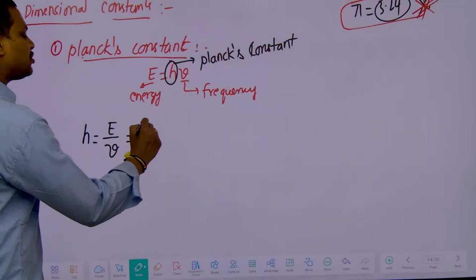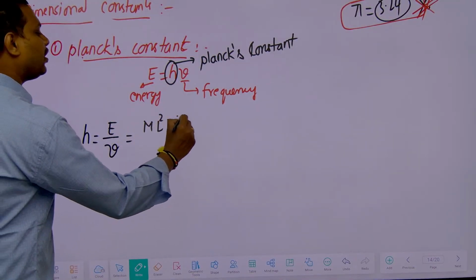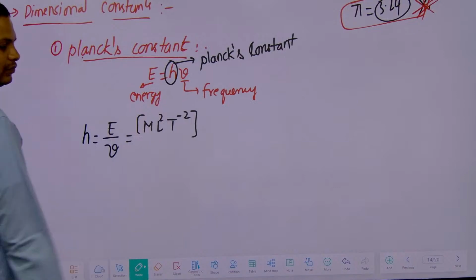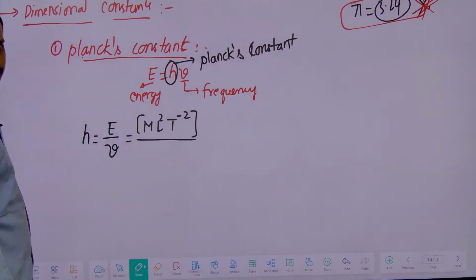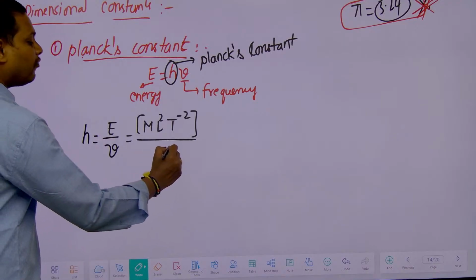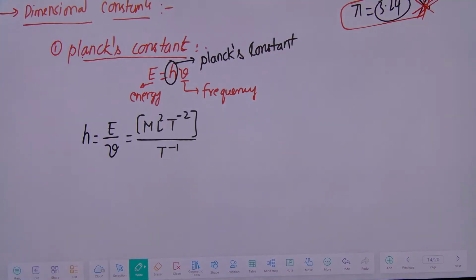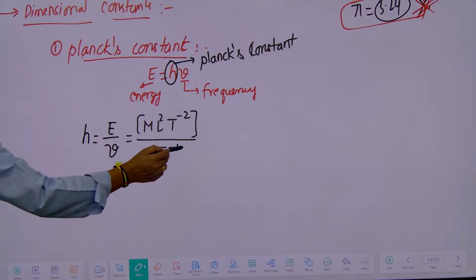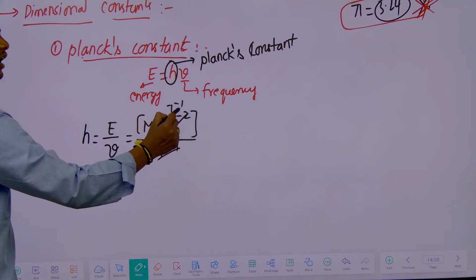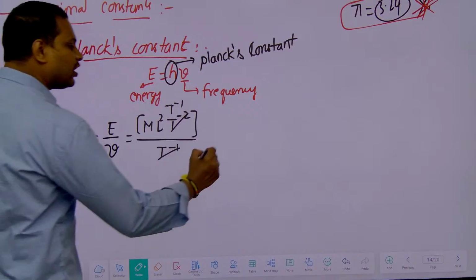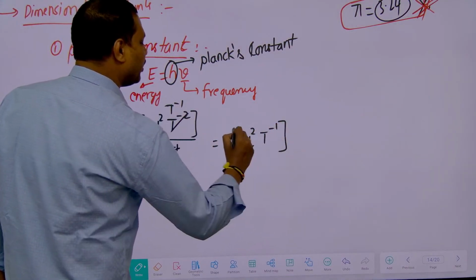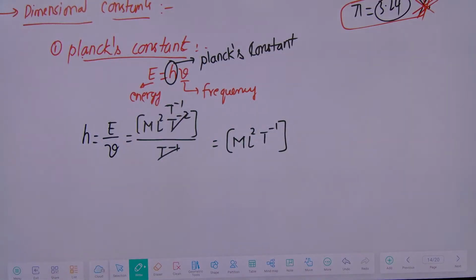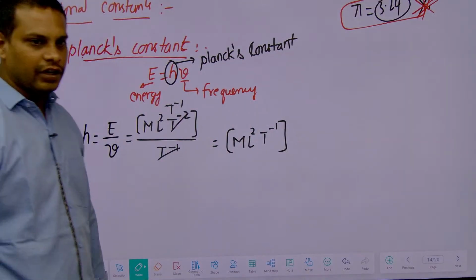E is energy, and its dimensional formula is ML²T⁻². And the dimensional formula for frequency is T⁻¹, we calculated frequency also. Now T⁻¹ and T⁻¹ cancel. So the left out terms, ML²T⁻¹, is the dimensional formula for Planck's constant. Are you clear? So note down this.